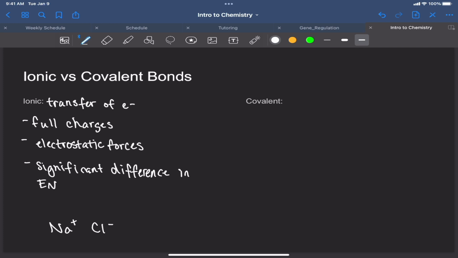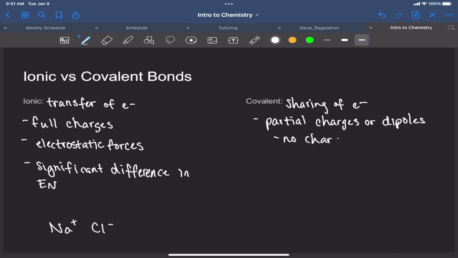Okay, if we look at covalent, covalent is the sharing of electrons. It has partial charges using the delta sign, partial charges or dipoles. It could also have no charges, which means it can be polar or nonpolar, depending on if it has charges.